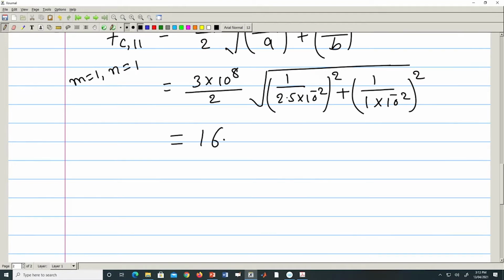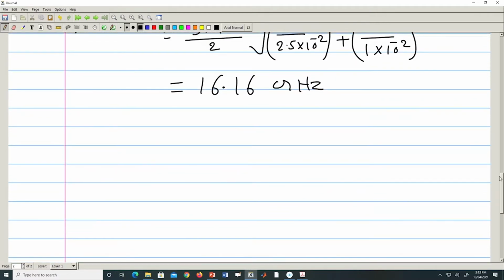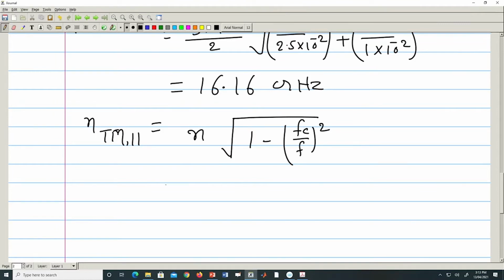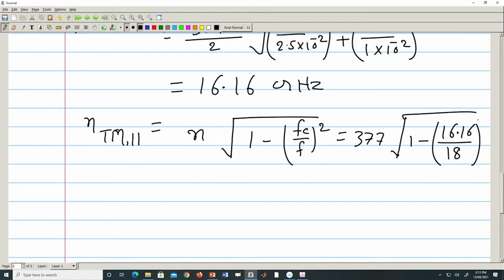So, eta TM11 will be eta times the square root of 1 minus (fc upon f) whole square. So, we can substitute the values: 377 times the square root of 1 minus (16.16 by the operating frequency) whole square. So, this will come 166.05 ohm. So, this is the wave impedance for the TM11 mode.